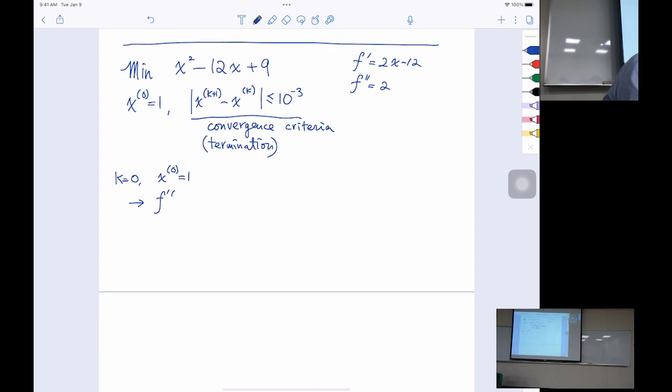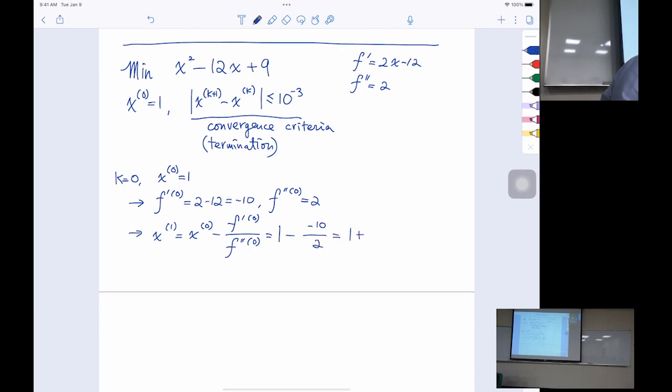F prime at 0 equals 2 minus 12, which is -10. F double prime at 0 is 2. Then x1 equals x0 minus f prime of 0 over f double prime of 0. So I have 1 minus -10 over 2.